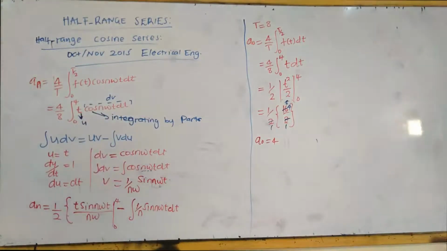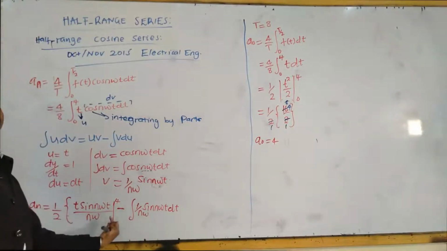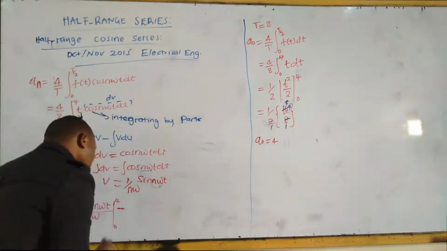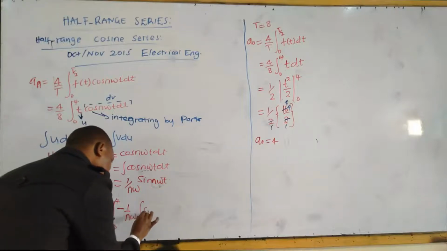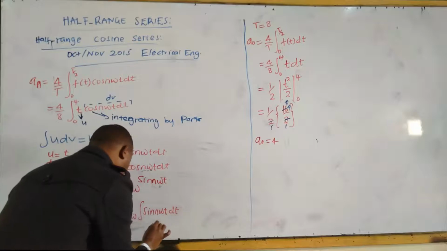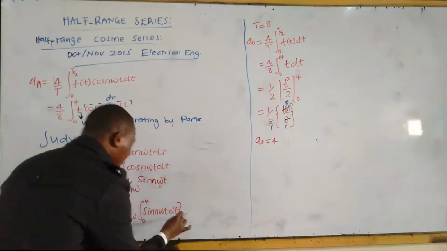It's good to get this constant outside the integral sign. So now you say 1 over n omega, integrate sine n omega t with respect to t, from 0 to 4, and you close the bracket.